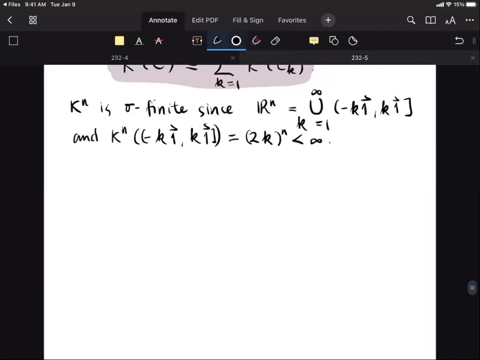So that would be what? An n-dimensional prism having side length 2k. So therefore, in fact, this is an n-dimensional cube or hypercube having side length 2k. So the elementary content would be 2k raised to n.